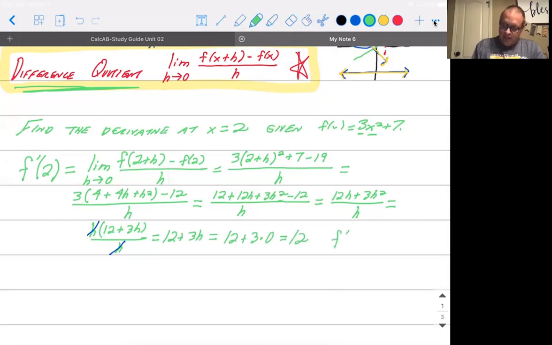Therefore, the derivative of this function, which we said was f of x equals 3x squared plus 7, is equal to 12. Now, that's fairly tedious to find the derivative at just one x value, but that is how it can be done.